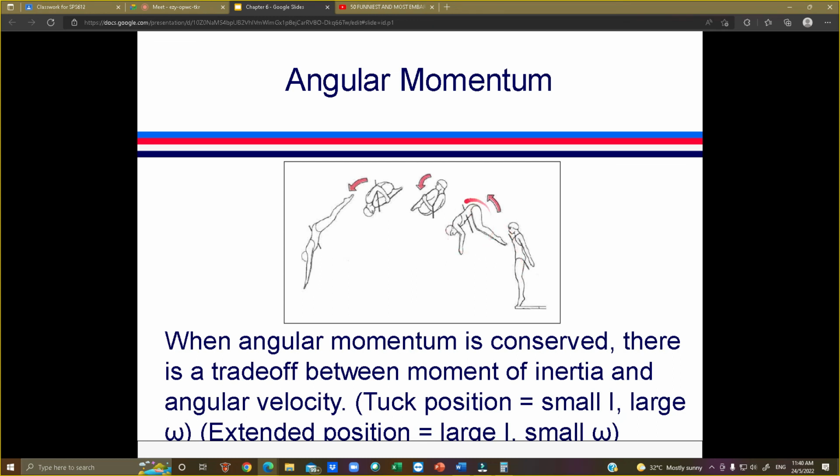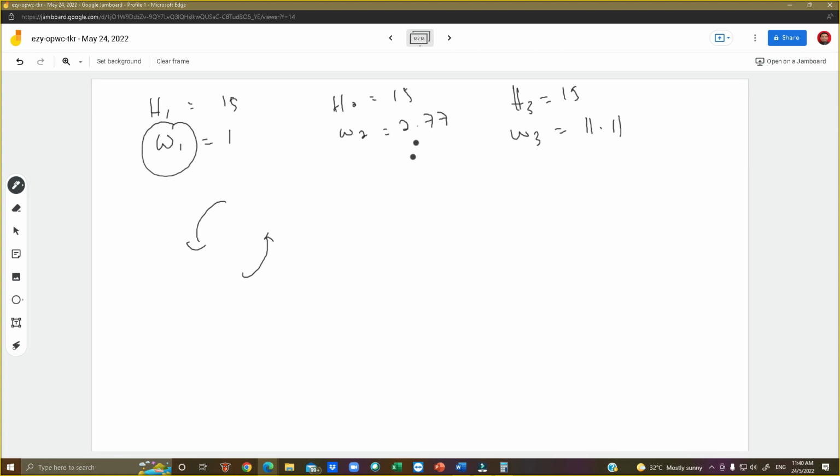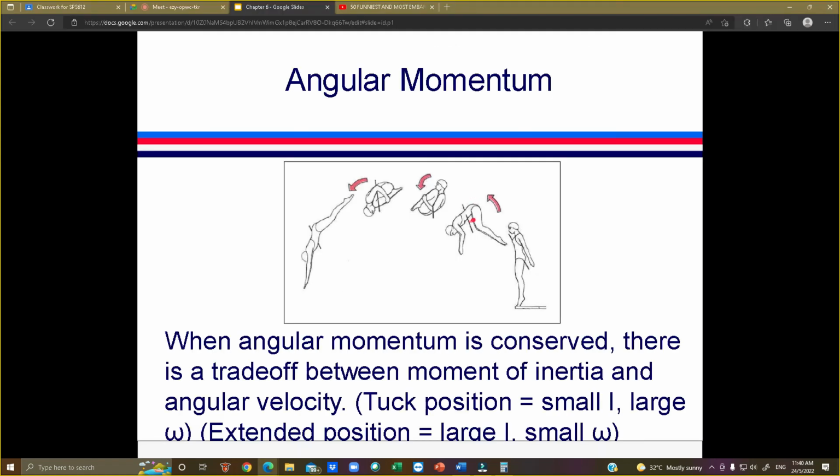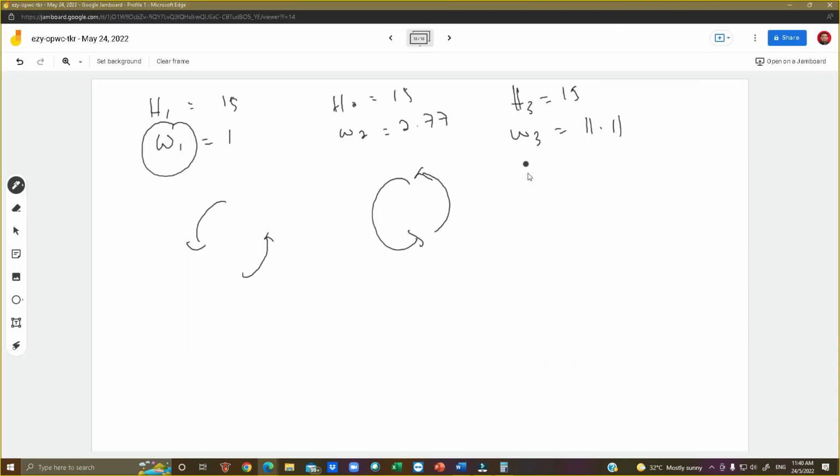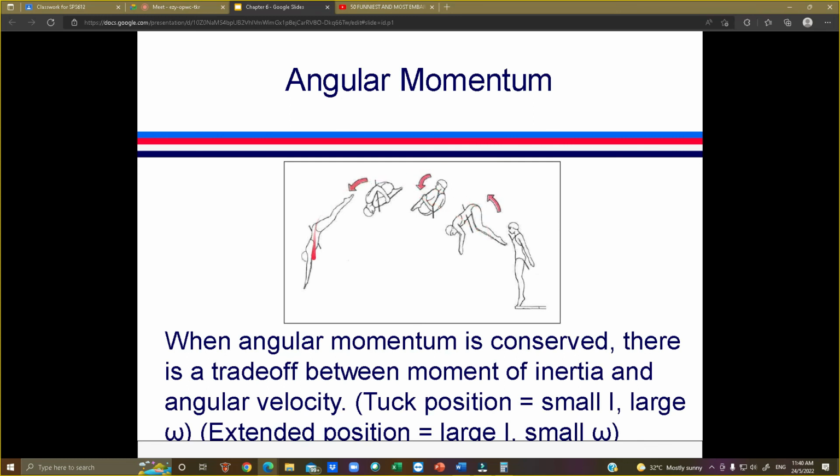Masuk dekat H2, rotation dia increase 2.77. Maksudnya, dia lagi laju. To counter that, the radius of gyration shorter. Compare to yang ketiga, lagi laju daripada yang kedua dan yang pertama. Okay, cuma along the process, all of these phases, the amount of angular momentum is going to be similar.